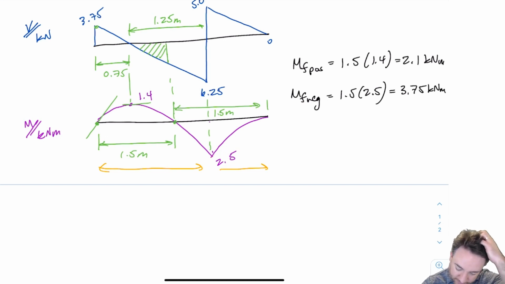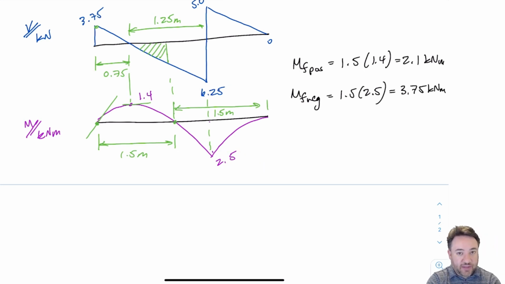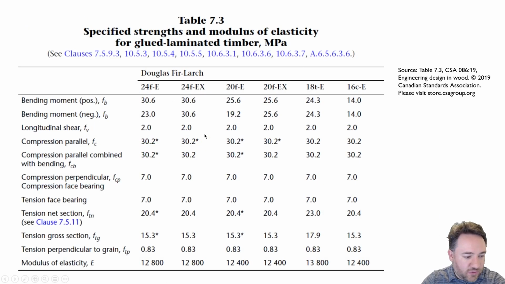And for lumber, we don't really need to consider positive and negative separately because the positive and negative moment strengths are the same. Remember that for glulam, that may not be the case, because for the types of grades that are not balanced, like the ones that don't have the same positive and negative bending strength, I will have different strengths for positive bending and negative bending.